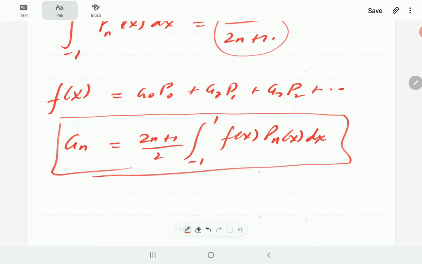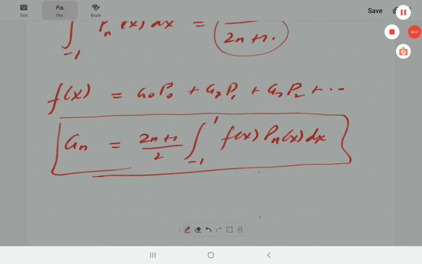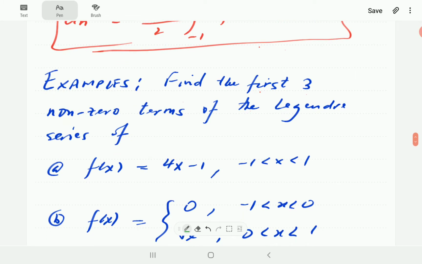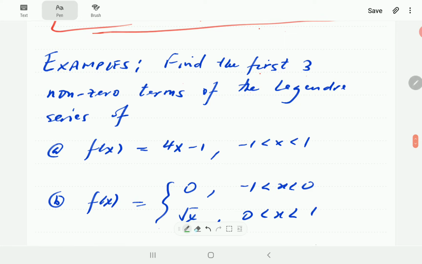So let's look at a few examples. In these examples, we're going to find the first 3 non-zero terms of the Legendre polynomial series of these functions.